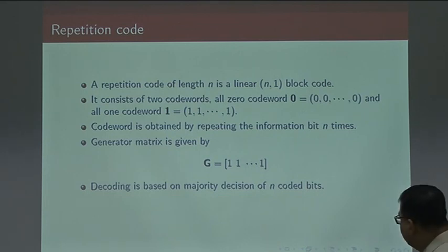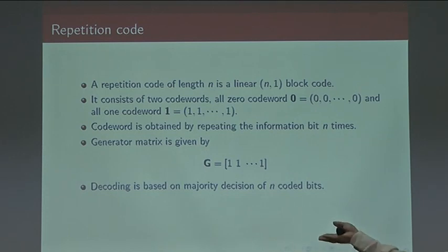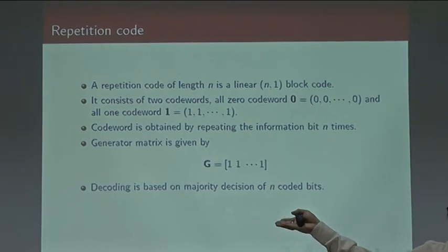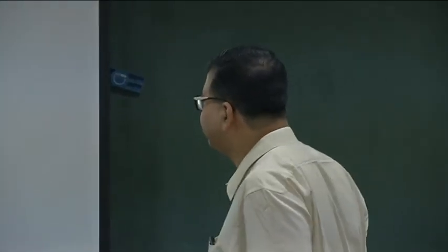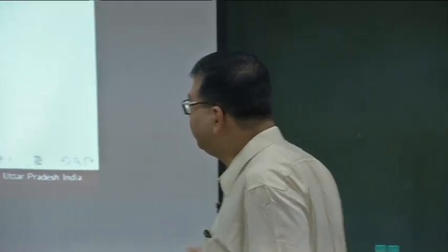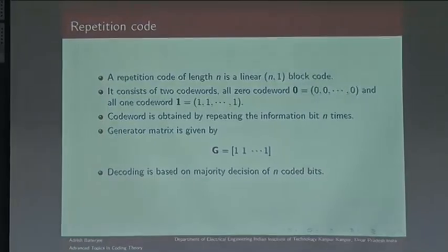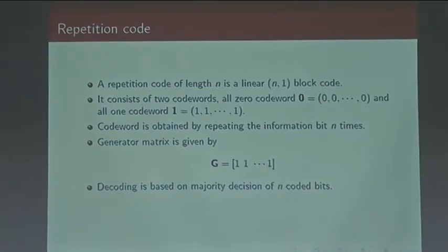If they are saying 1, you decide in favor of 1. If you recall the example of the rate 1/3 repetition code that we did in the class yesterday, we showed that for one single error, we are able to correct this error, right? We said that it is a single error correcting code, and that is because our decision was based on majority logic decoding.